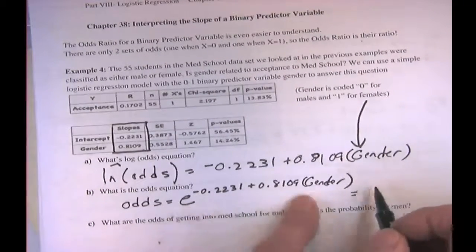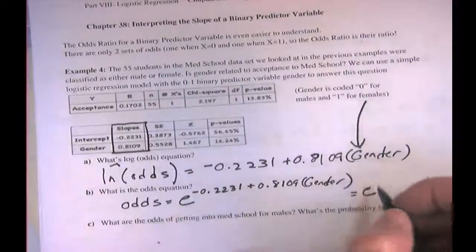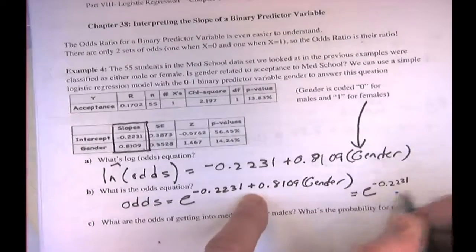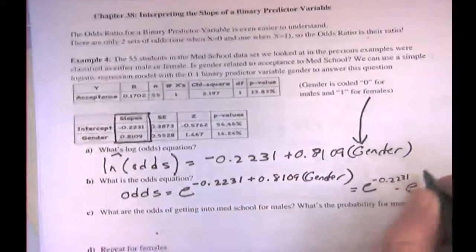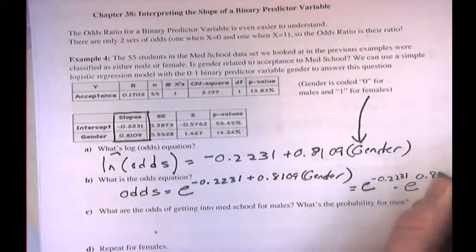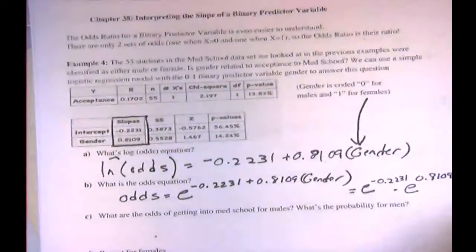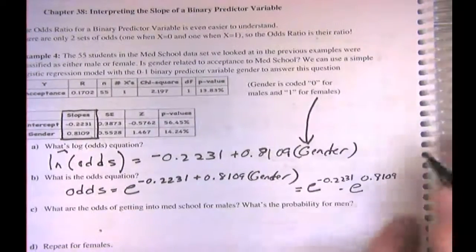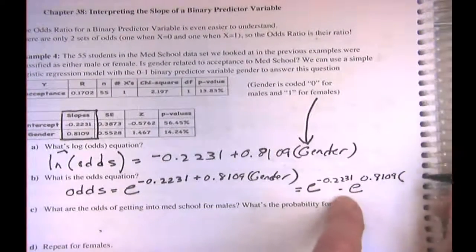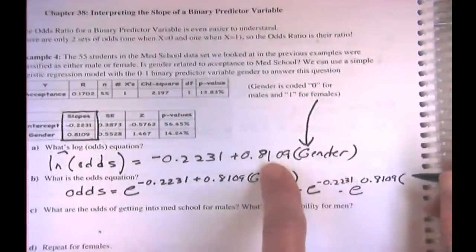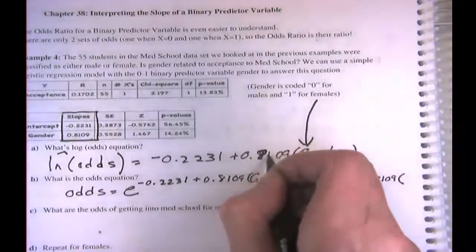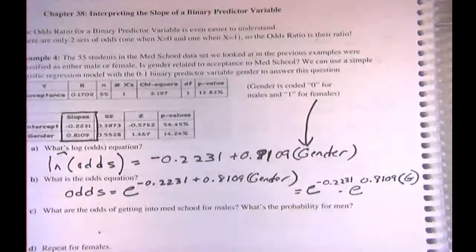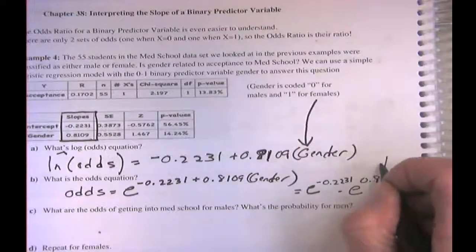If we rewrite this as e to the negative 0.2231 times e to the 0.8109 times either 1 or 0, depending. For females, it's 1. So if you're a female, your odds get multiplied by e to that slope for gender. And this is the gender variable right there.